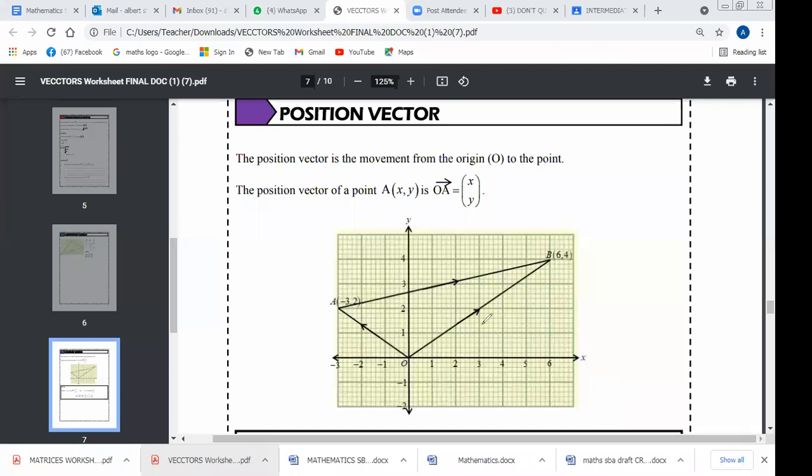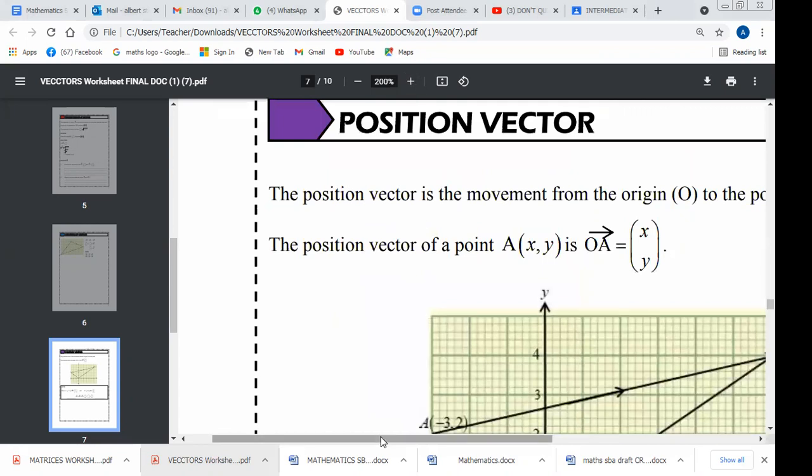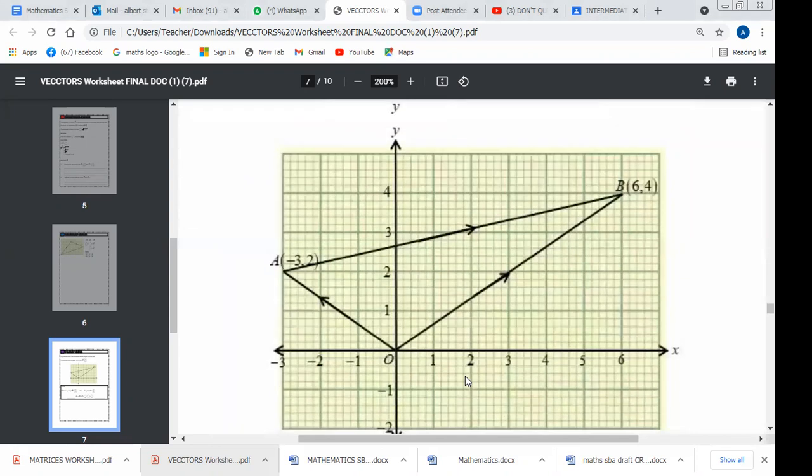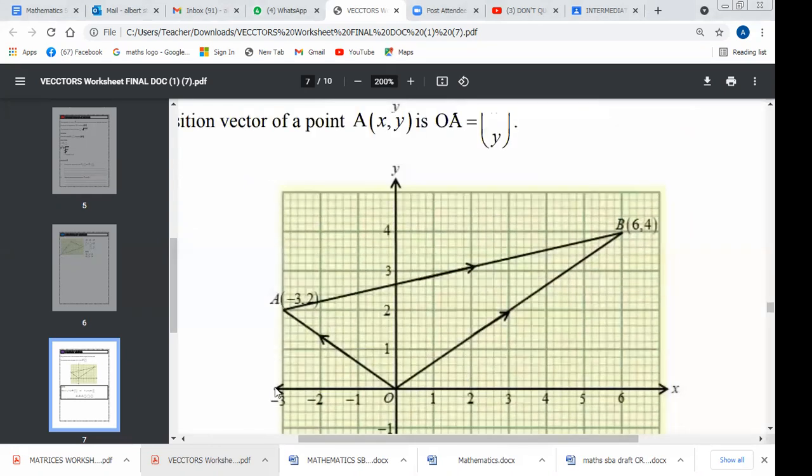let us say you want to go from A. Let me zoom in a little bit. All right, class. So let us say you want to go from point A to point B. So this is point A, and this is what?